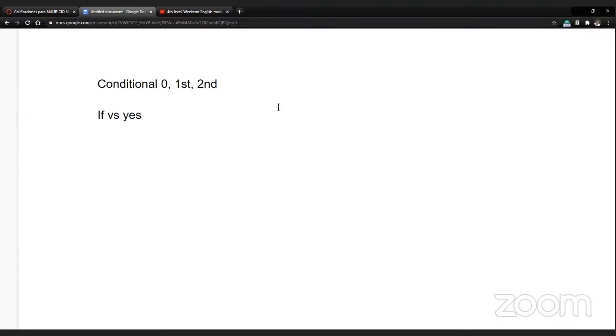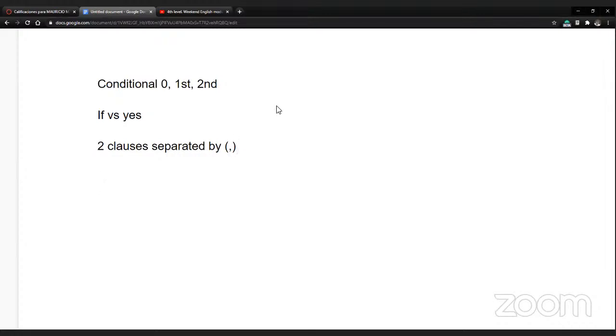We also studied that any conditional has two different clauses. Two clauses are separated by the symbol comma.